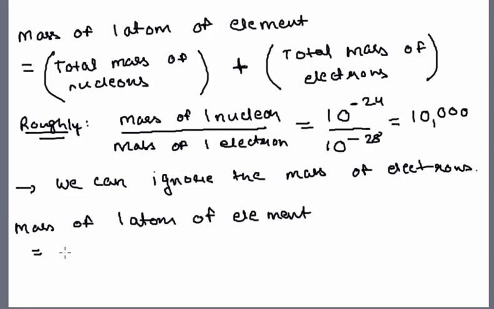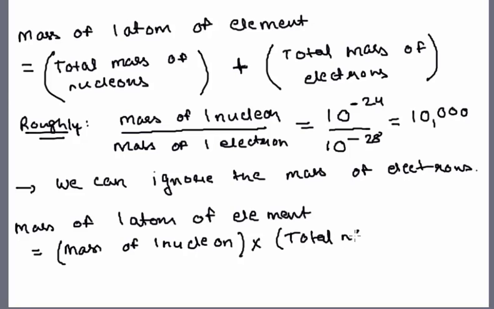So now the total mass of nucleons can be written as the mass of one nucleon into the total number of nucleons, because we have neglected the mass of electrons. So now we just need to focus on the mass of nucleons. So the mass of one atom of an element can be written as the mass of one nucleon into the total number of nucleons present in it.